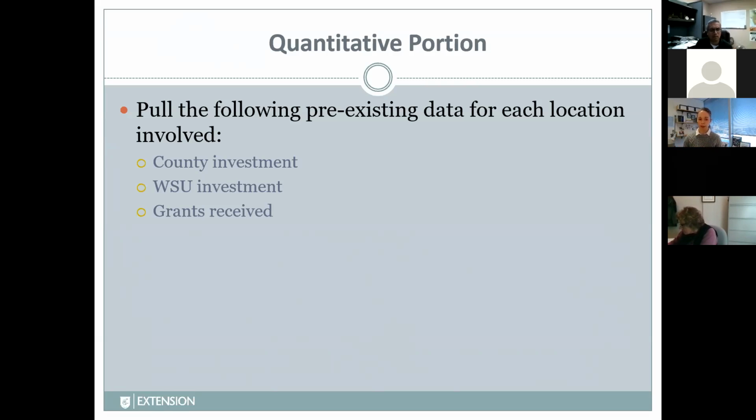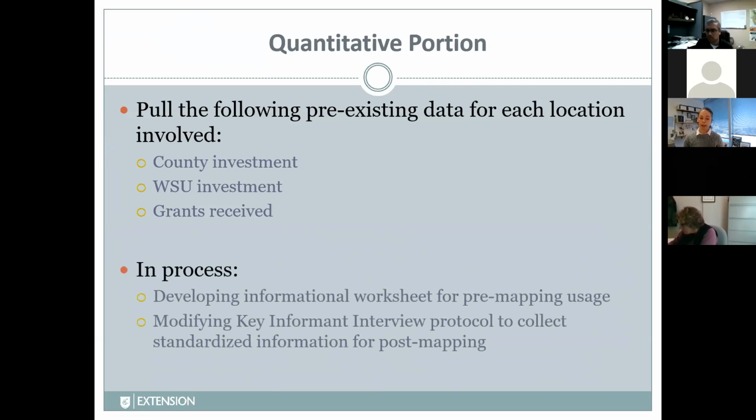So that's pre-existing data. During the process, we also have found that we think what's going to work best is actually to develop an informational worksheet for pre-mapping usage that people can then fill out ahead of time. And we're in the process of modifying a key informant interview protocol to collect more standardized information for post-mapping.